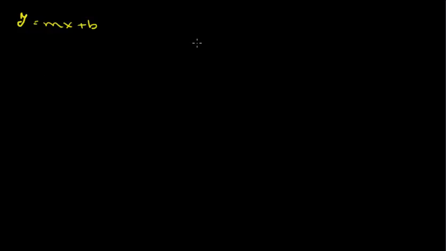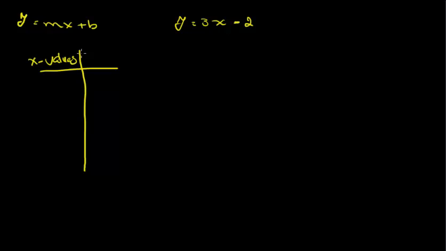And to do that, let's say we have y equals 3x minus 2. In order to graph this equation, we can draw a t-chart, where we have x values and we have corresponding y values for that.